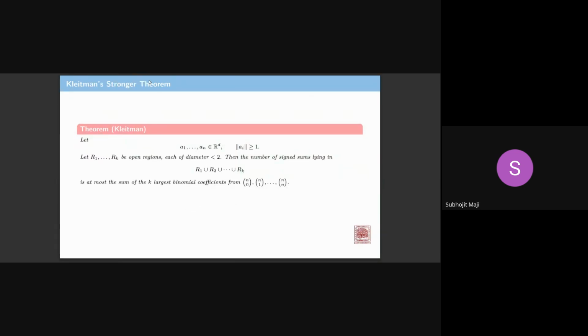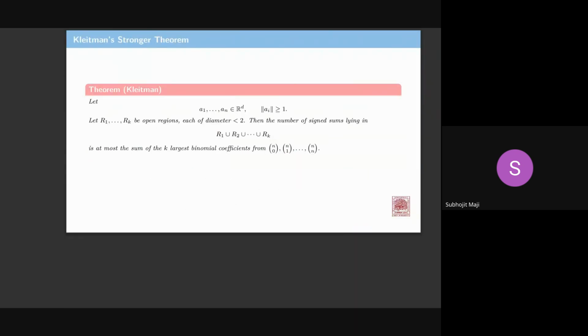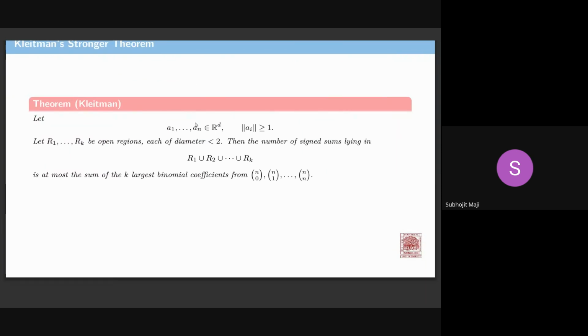Now, Bateman showed a much stronger statement. Bateman showed that if I have these points in R^d, a d-dimensional real vector space, and I have been given that the length of each of these vectors is greater than or equal to 1, and I have k open regions, each of diameter less than 1, then the number of signed summations that lie in R_1 union R_2 union up to R_k is at most the sum of the k largest binomial coefficients of the form n choose i.